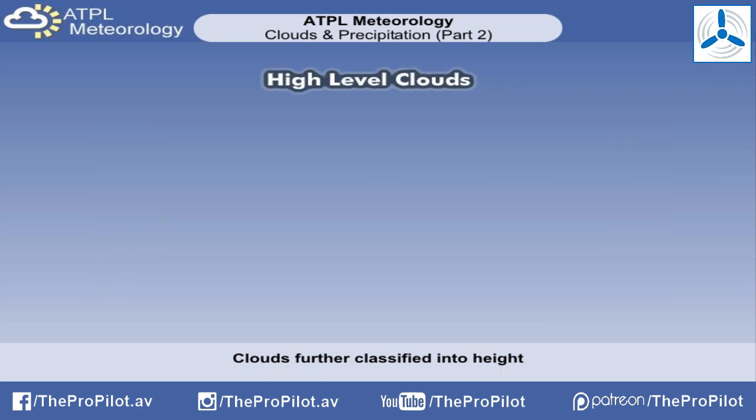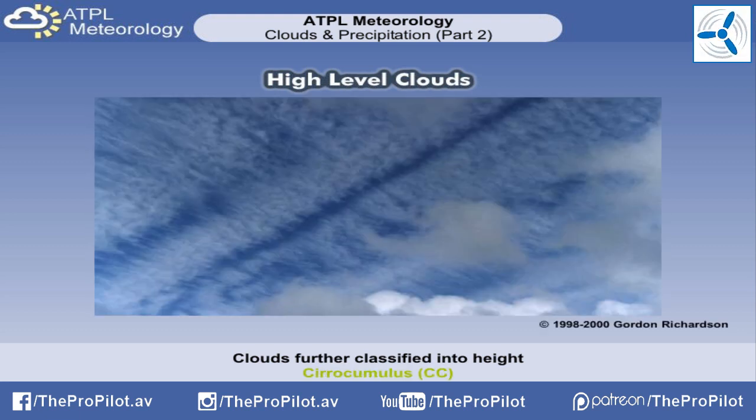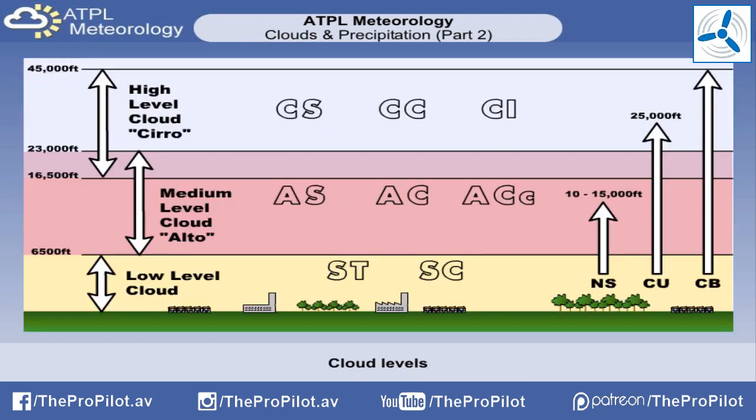High-level clouds are given the prefix cirro and include cirrostratus, cirrocumulus, and cirrus. Let's learn some more about these cloud types. Here is a summary of the clouds classified according to their height above ground level. Examine this chart for a moment before continuing on to the next section.